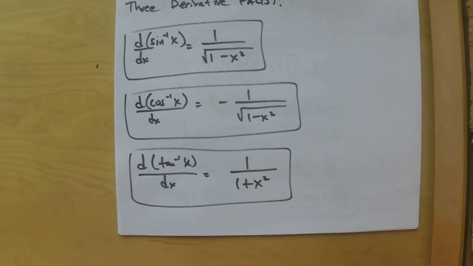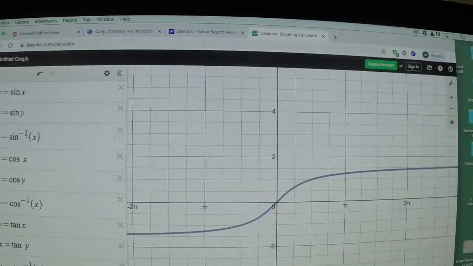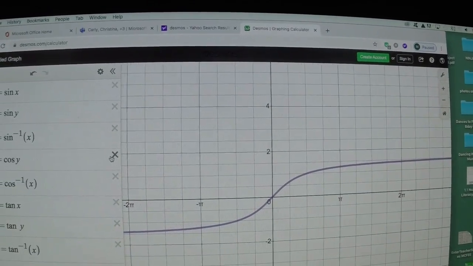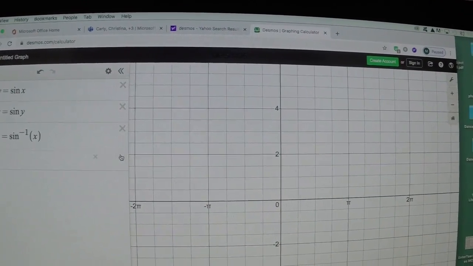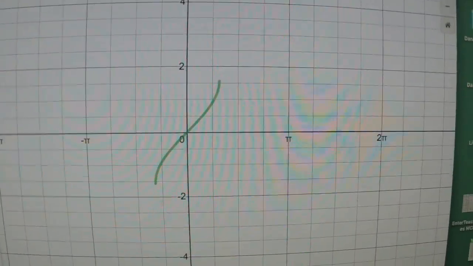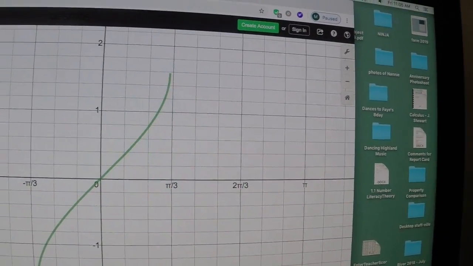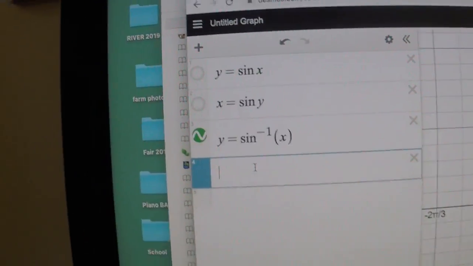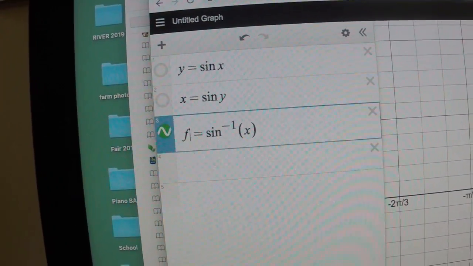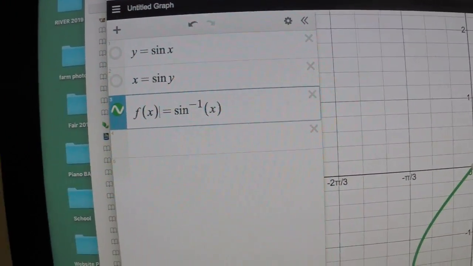Just to make sure you're aware of where and how and why, I'm just going to get rid of all of this for a second here. So there's our inverse sine function. Its derivative, I'm just going to zoom in. I'm going to call this function f of x just for the computer purposes.